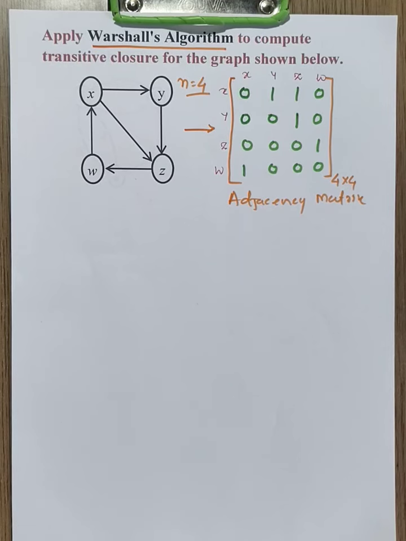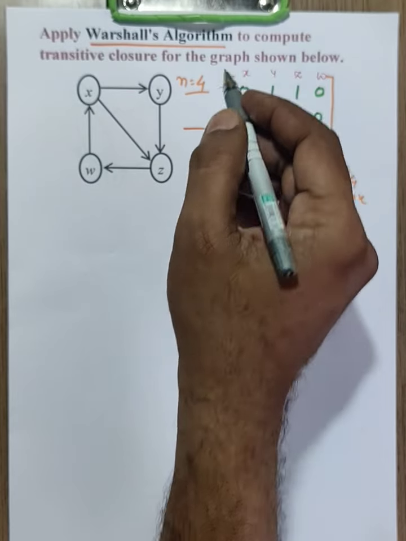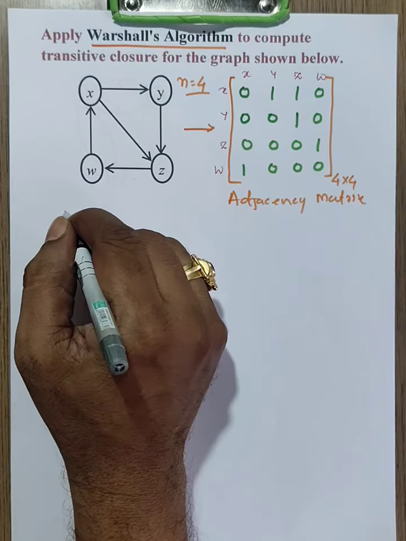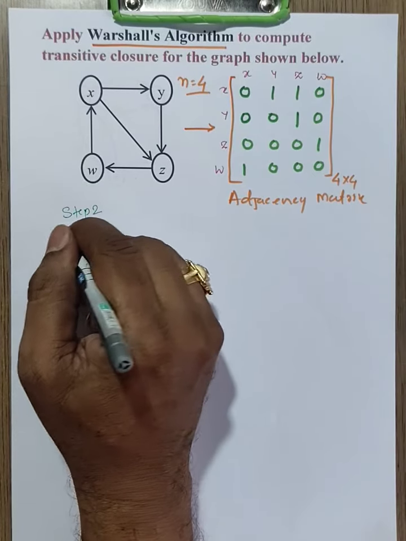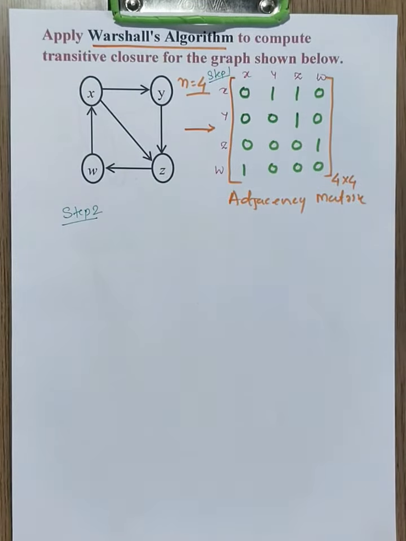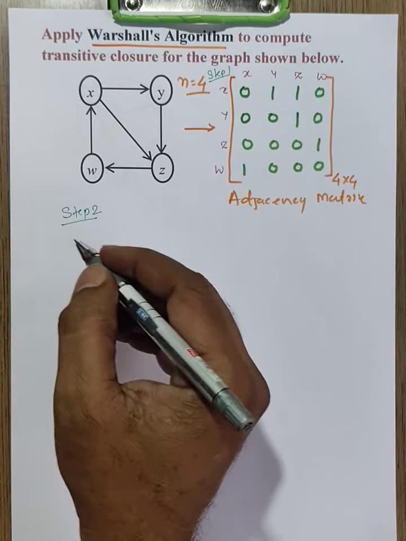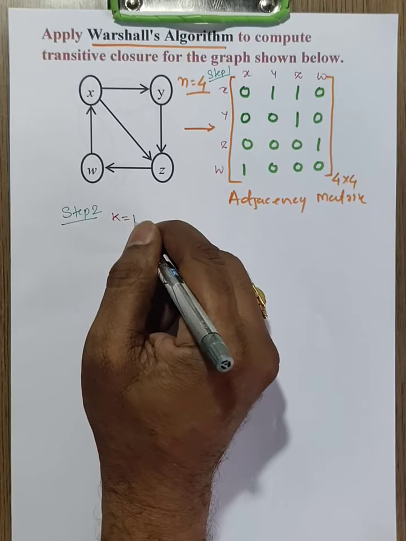This is the adjacency matrix. We can assume this is step 1, and then we can start step 2. In step 2, vertex x means k equal to 1.